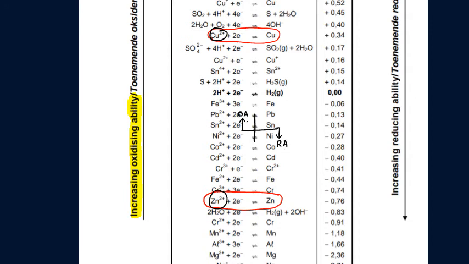Comparing these two, the stronger oxidizing agent is the copper 2+ ions, which makes zinc 2+ the weaker oxidizing agent. That makes sense because the direction arrow tells you zinc metal is the stronger reducing agent. That's why the zinc 2+ going into solution doesn't affect the purity of the copper we obtain, because it doesn't undergo reduction.